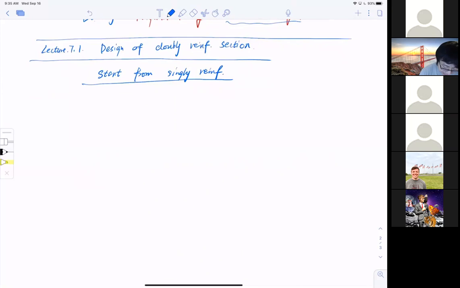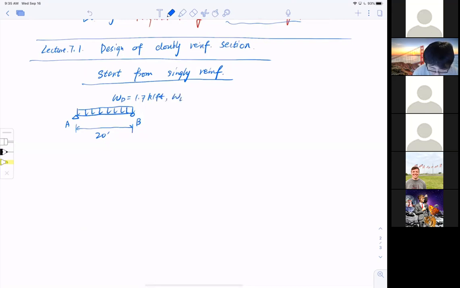So now here's my design problem. I have a 20 feet span length, with supports A and B, and a distributed dead load, omega D, of 1.7 kip per foot, and a live load, omega LL, of 0.8 kip per linear foot.